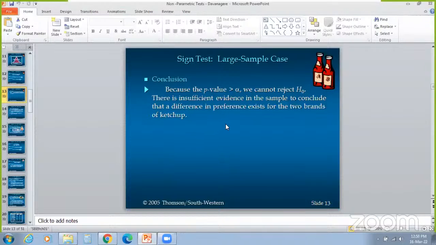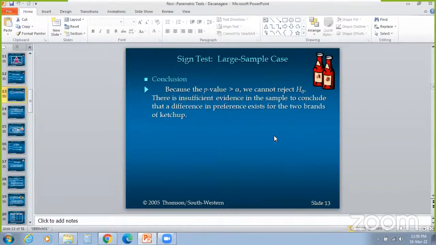That means there is insufficient evidence in the sample to conclude that a difference in preference exists for the two brands of ketchup. That's why there is no difference in the preference of the customers regarding brand A and brand B. So this is the way you can test. You can use this sign test to check preference, satisfaction level, or any such qualitative nominal variables.